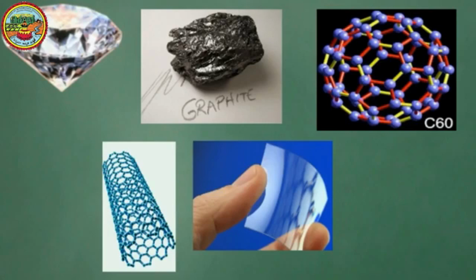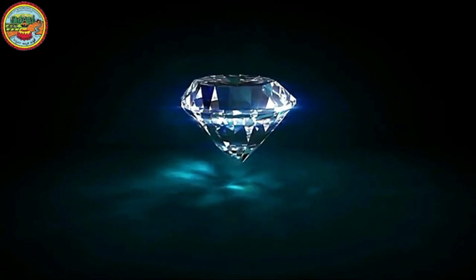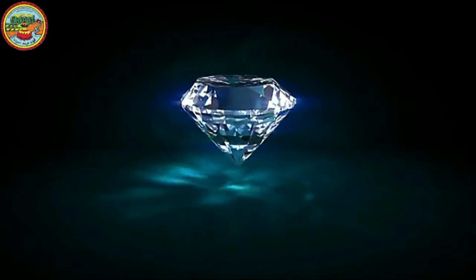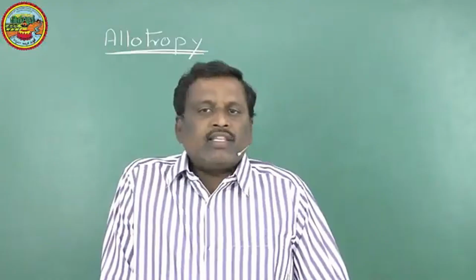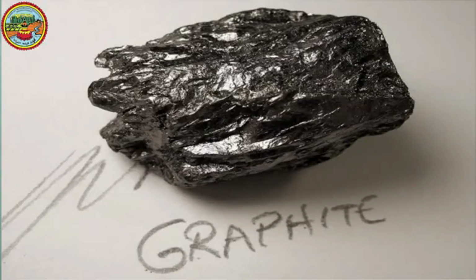Why is there so much diversity in the appearance of these substances? See the diamond. How beautiful it is, how glittering. And see this graphite, it is black in color. Of course it is also shining, but it's black in color. It is not transparent.